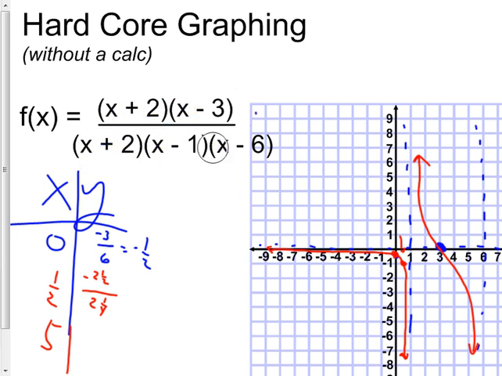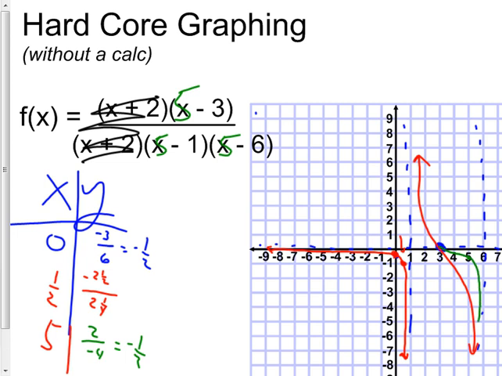Remember, I can cancel off the root. 5 minus 3 would be 2 over 5 minus 1 is 4, 5 minus 6 is negative 1. It's negative 4. 2 over negative 4 would be negative 1/2. So 5 goes with negative 1/2. Okay, I guess it's not down as far as I said it was going to be, but it's headed down. So I guess it went more like that.